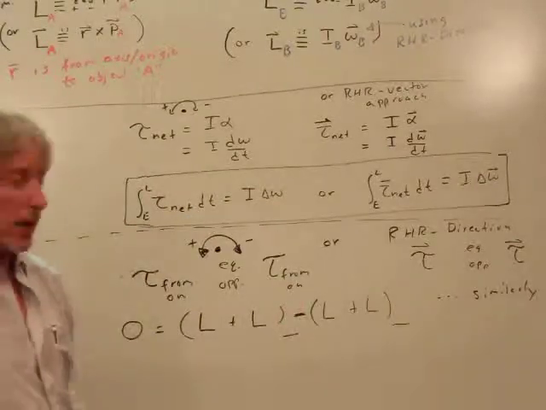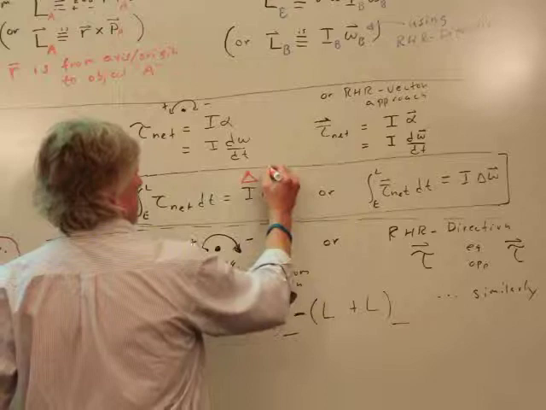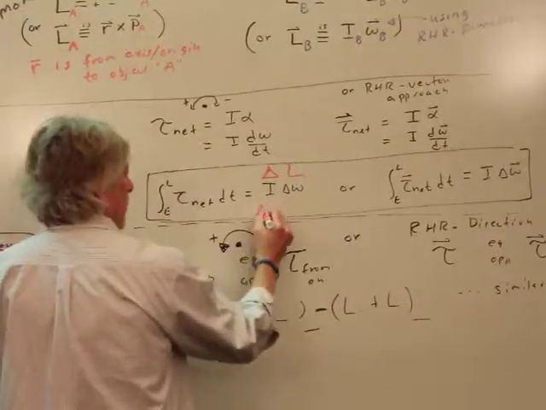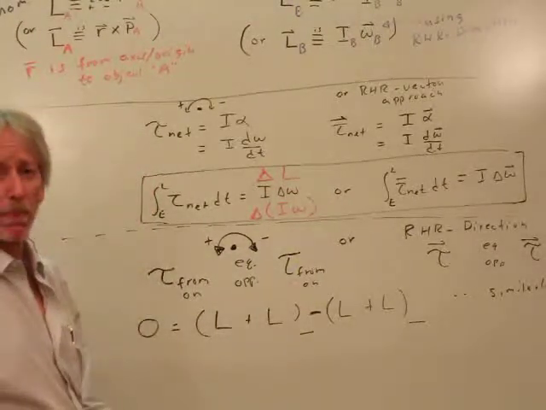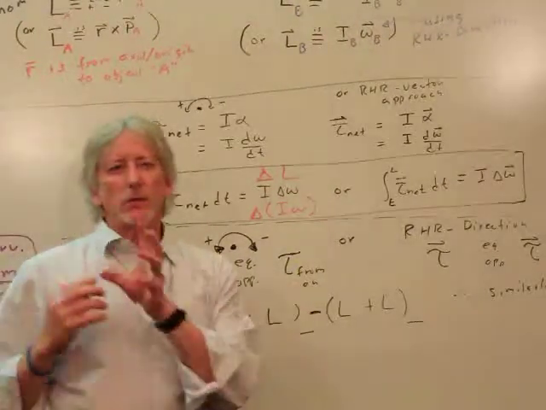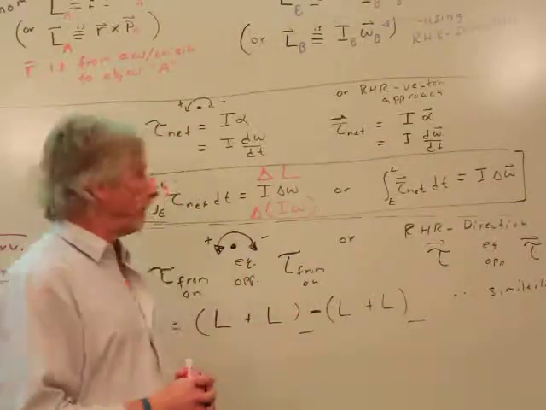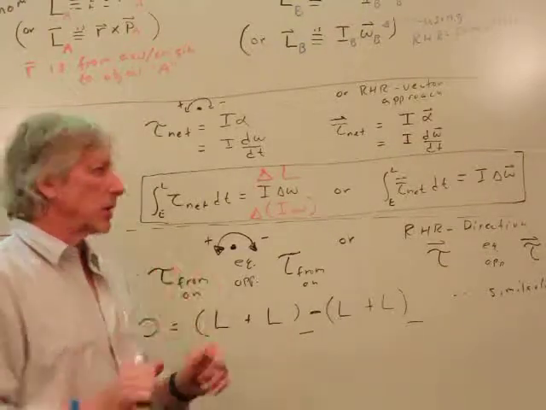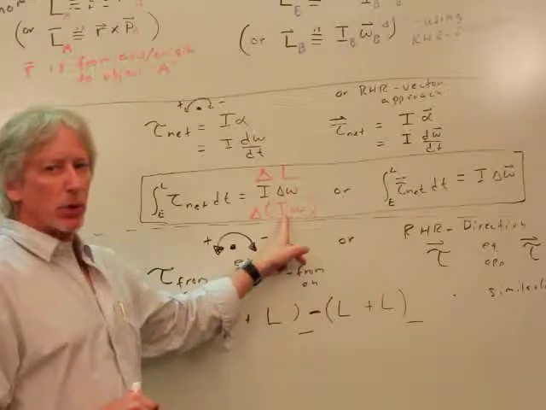So I can write this as delta L, can't I? Or delta I omega, more generally. And I said over there that we can deal with changing mass, like in a rocket. We often don't so much as an introduction. But here, a changing I is important.